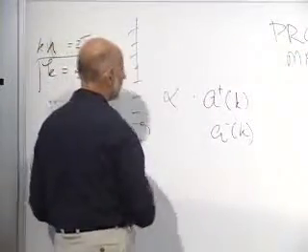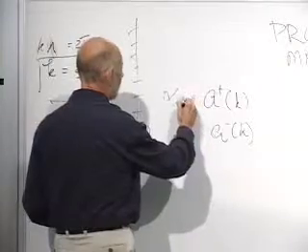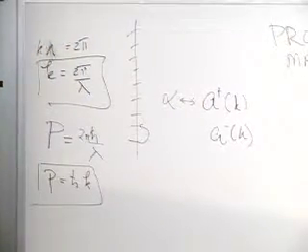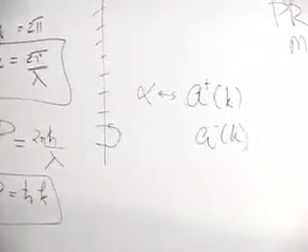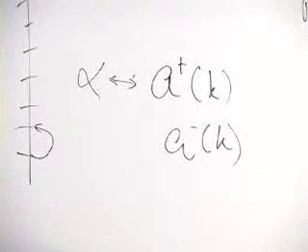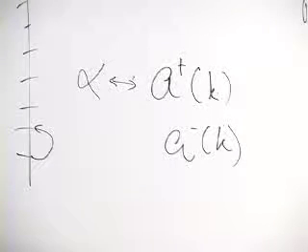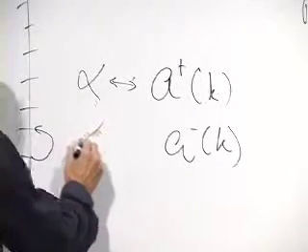Yeah, back and forth arrow. That means in quantizing a system, you replace alpha by A's. So the double arrow means replace by. And same thing here, alpha star.